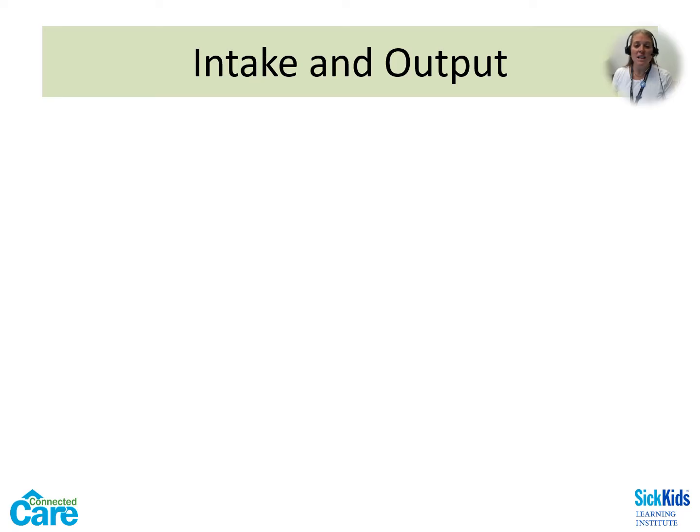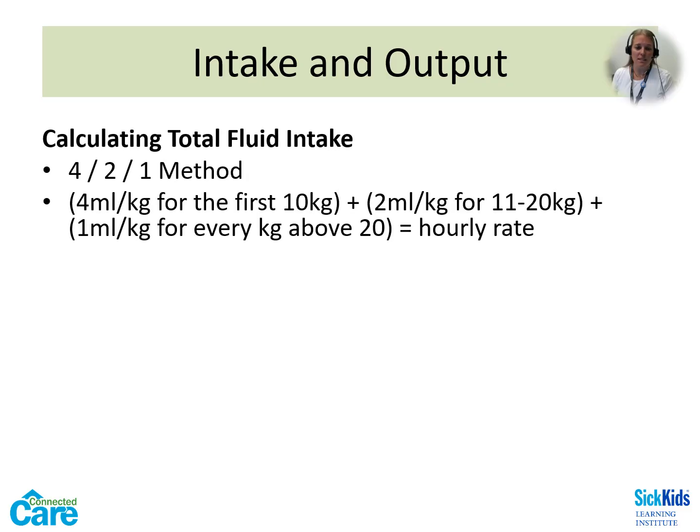It is important to understand the child's fluid balance. How you assess intake and output may vary depending on your environment. For example, in hospitals, total fluid intake, or TFI, and urine output calculations may not be measured the same way as in community or home environments.